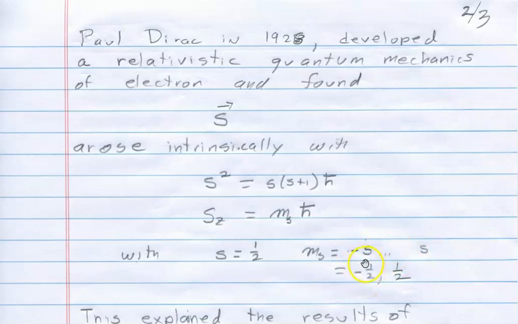So if you start at minus 1/2 and add 1 to it, you just get 1/2. And so you get these: the S quantum number, for the magnitude or the total, related to the total spin angular momentum squared, is just 1/2. And then the m sub s here, the electron spin, is plus or minus 1/2.